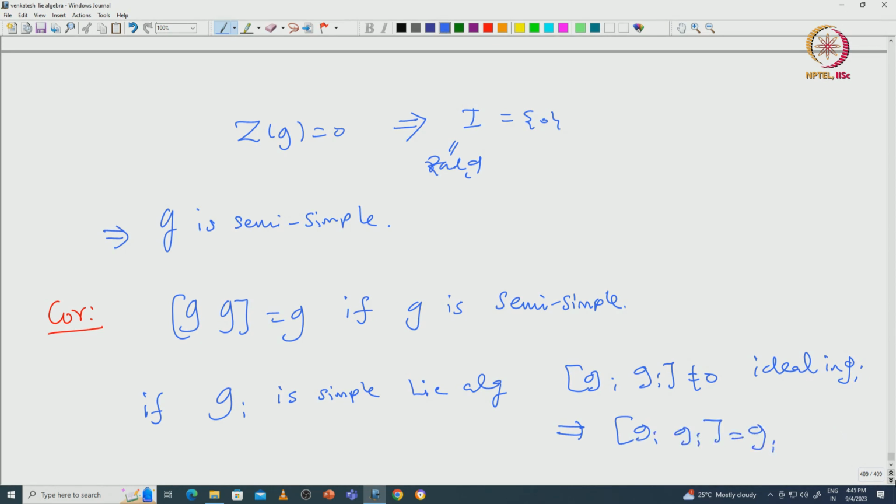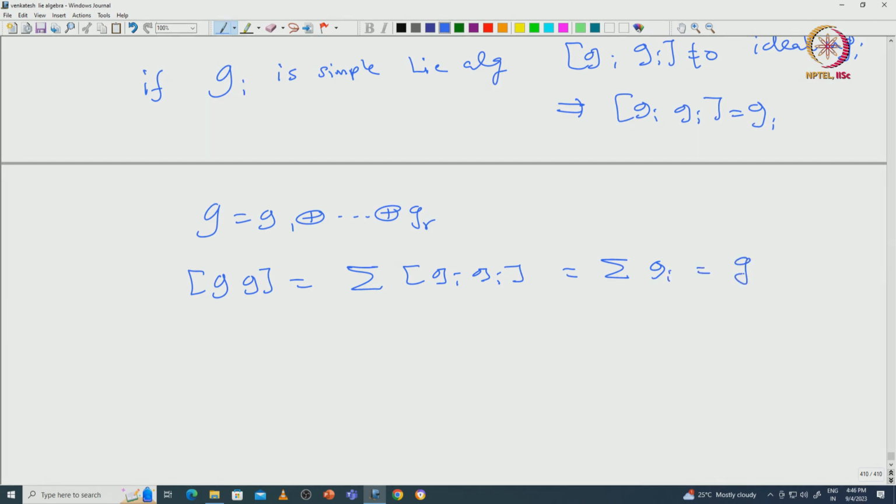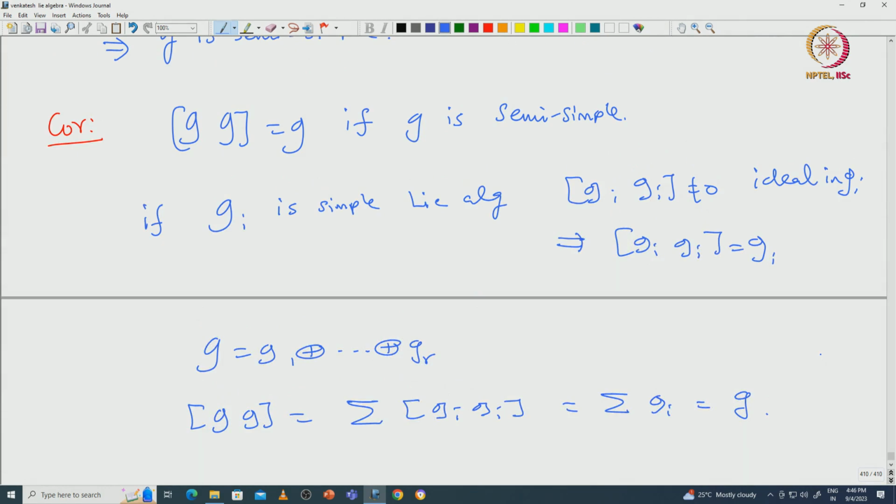Now, since G is semi-simple, you can write G as G1 direct sum etc. direct sum GR with the Gi being simple ideals. So, you can see that the bracket GG will be the summation of the brackets of Gi, which is the same as the summation of Gi, which is G. This proves immediately that the bracket of GG, which is the derived algebra, is equal to G.